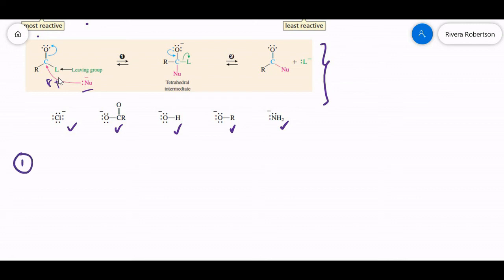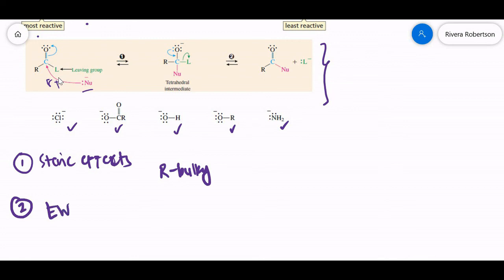Number 1, you have your steric effects, which can affect the reactivity of your carboxylic acid derivative towards the nucleophilic attack.